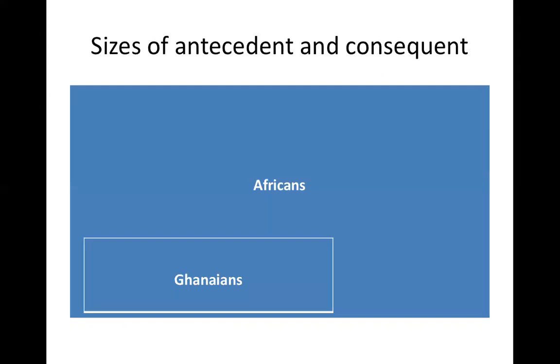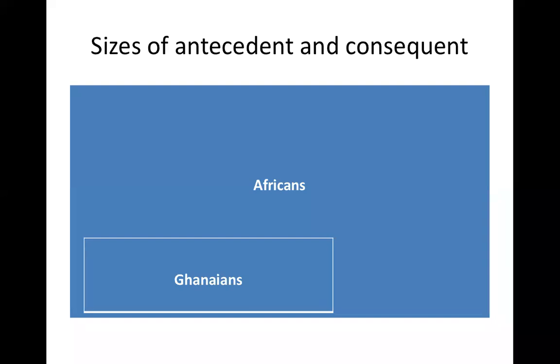Let us consider an argument that denies the consequent. Peter is not an African, therefore Peter is not a Ghanaian. So now we are trying to either deny or affirm the consequent instead of the antecedent. If you say all Ghanaians are Africans, Peter is not an African, therefore Peter is not a Ghanaian.